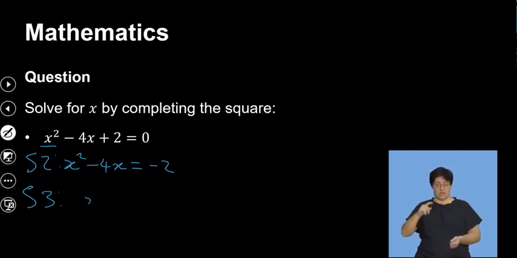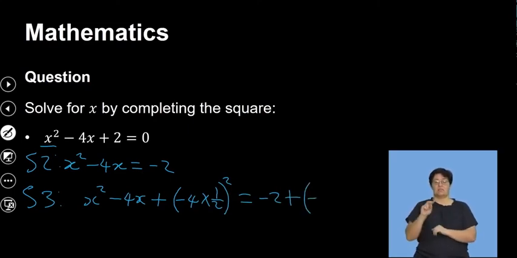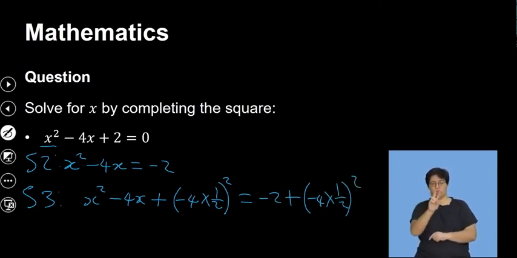So that will be x squared minus 4x plus negative 4 multiplied by 1 over 2, all squared, equal to negative 2 plus negative 4 multiplied by 1 over 2, all squared. And then you can do the necessary things.